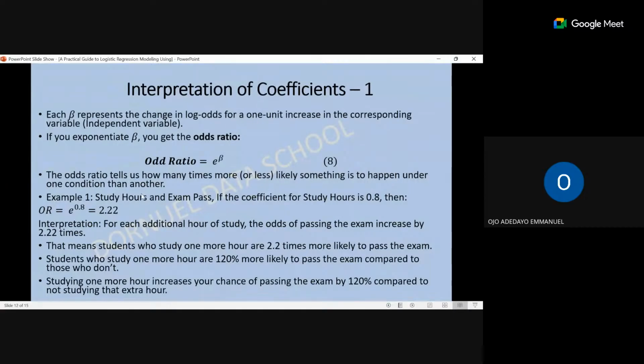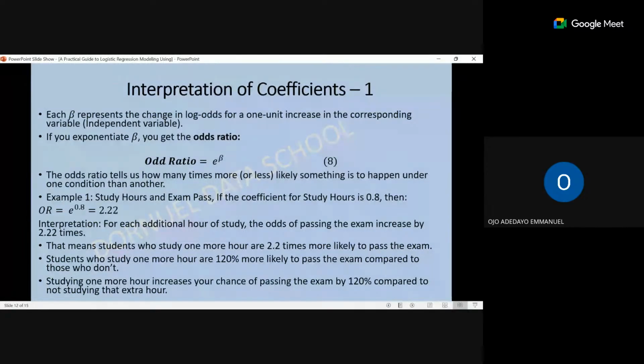What is now the interpretation of this odds ratio? In our normal linear regression, we normally say for a unit increase. But now, for each additional hour of study, the odds of passing the exam, remember, passing the exam is 1, and let me say expressly that your target, the positive one, always takes 1, the odds of passing the exam increase by 2.2 times.